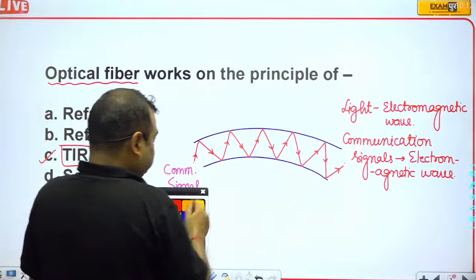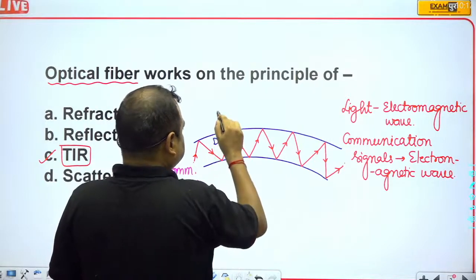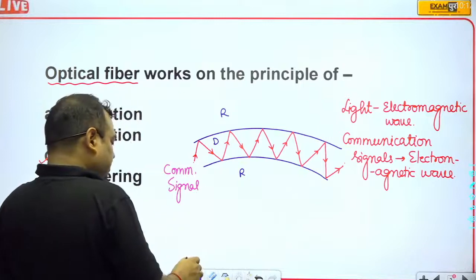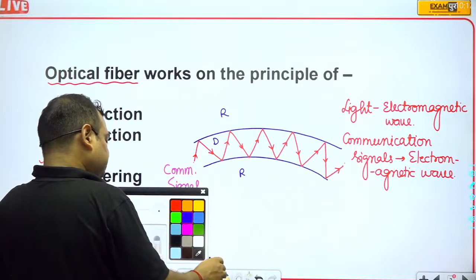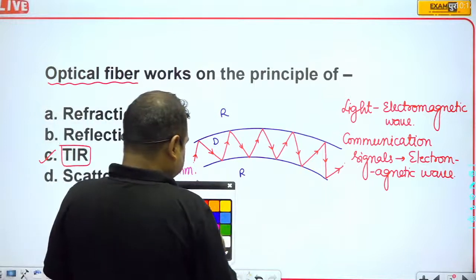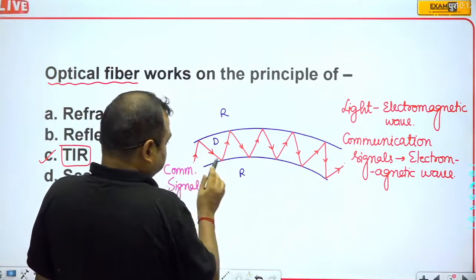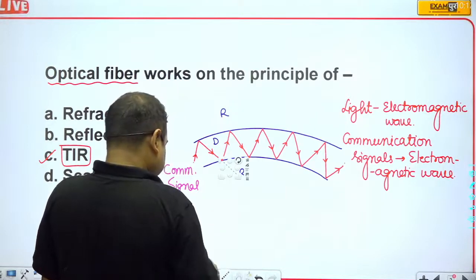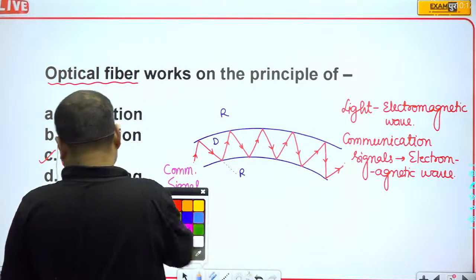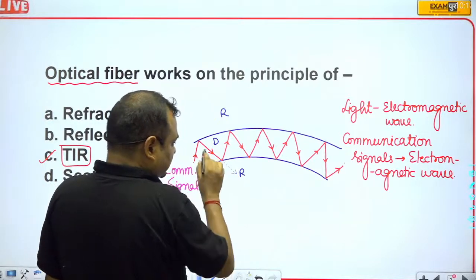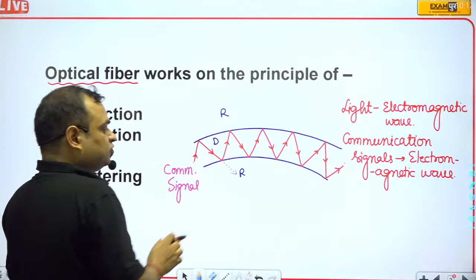This is the denser medium, and this is the rarer medium. Here the light ray is traveling in the denser medium, and it wants to go into the rarer medium like this, but it doesn't go.